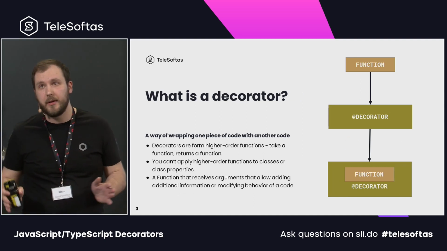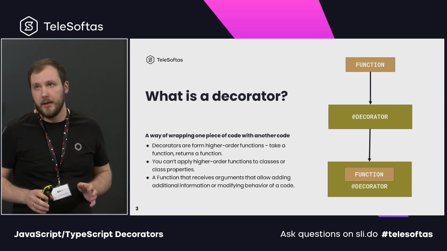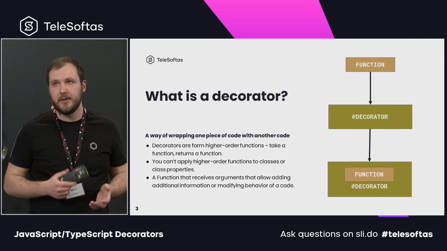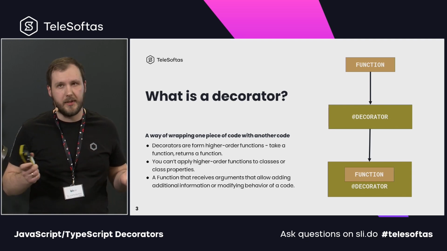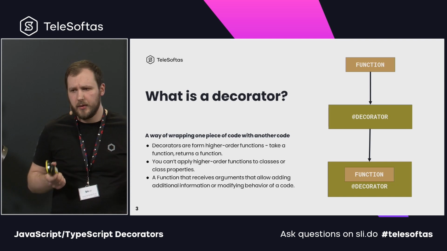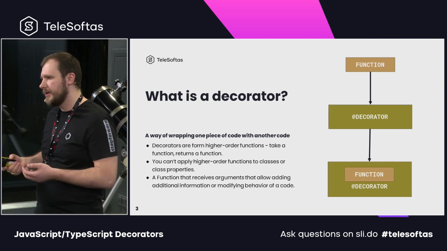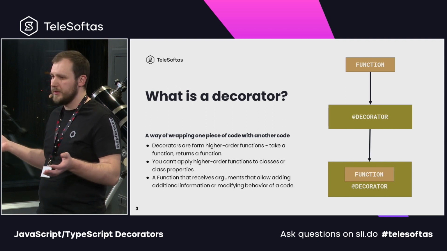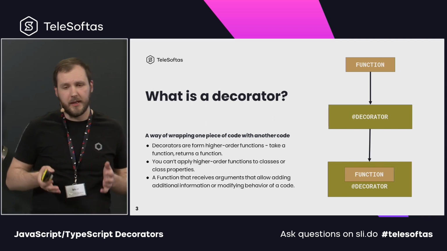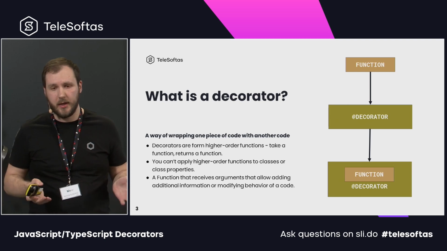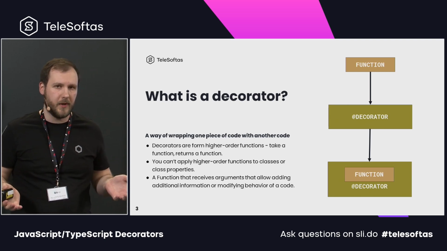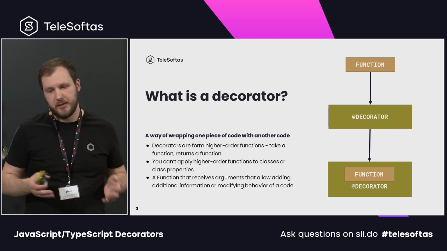Now that I got that out of the way, let's talk about decorators in JavaScript and TypeScript. First of all, what is a decorator? A decorator is a form of a higher order function, which is a function that takes a function as an argument and returns a function. But if that were the only case, you could use decorators only with functions, and that's not the case in JavaScript.